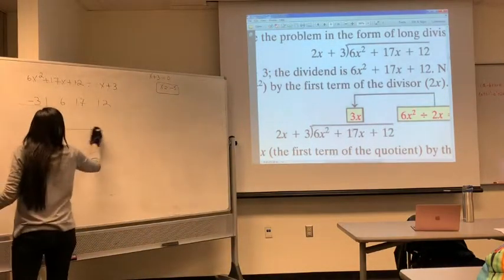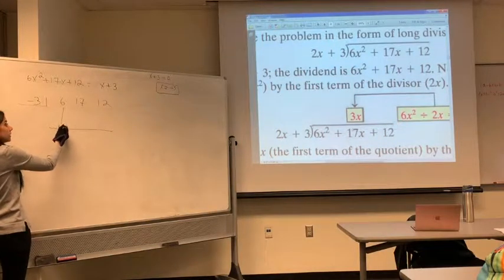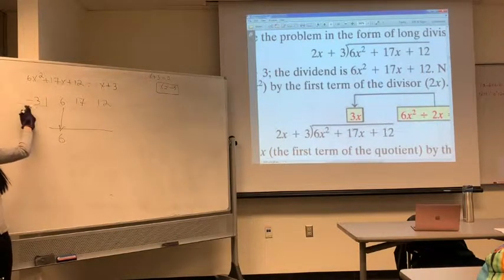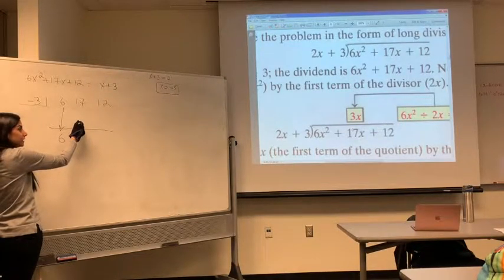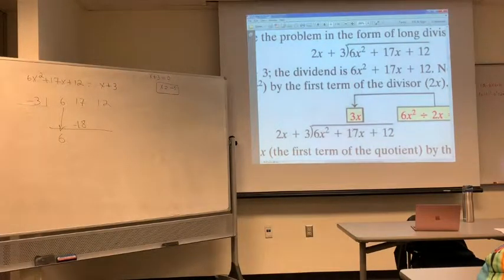So now, put a line here. The first number goes there without any change. Okay, so now we are ready to start. 6 multiply negative 3 goes here. 6 multiply negative 3 is negative 18, right?